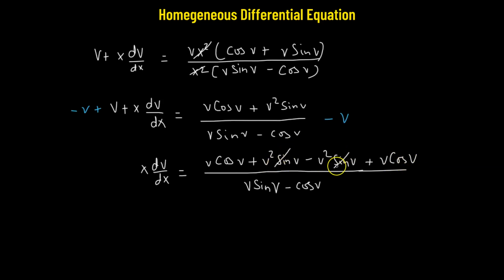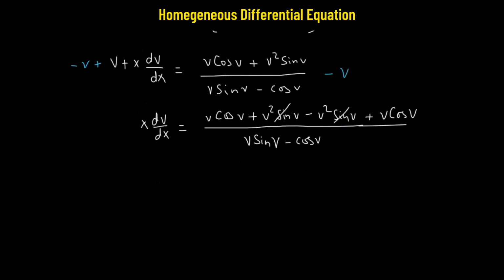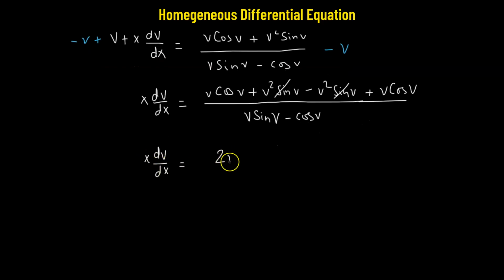So v squared sine v goes away, and this leaves us with 2v cosine v divided by v sine v minus cosine v.